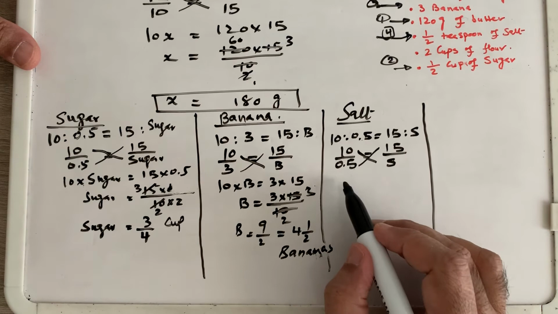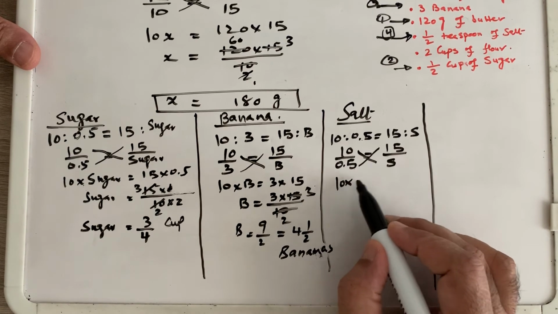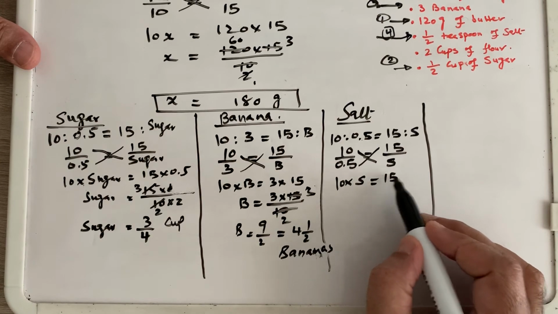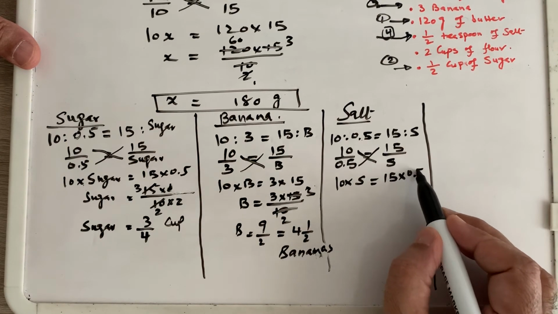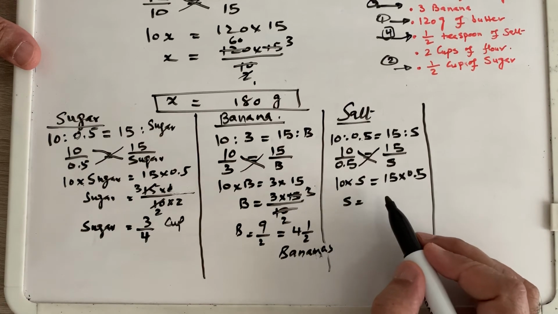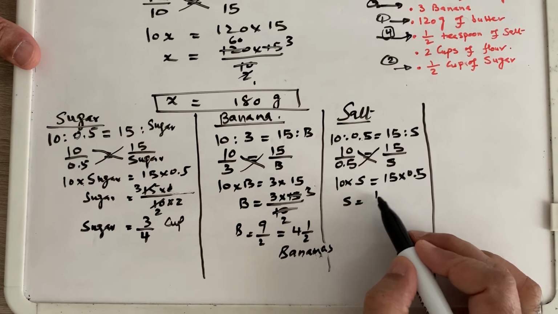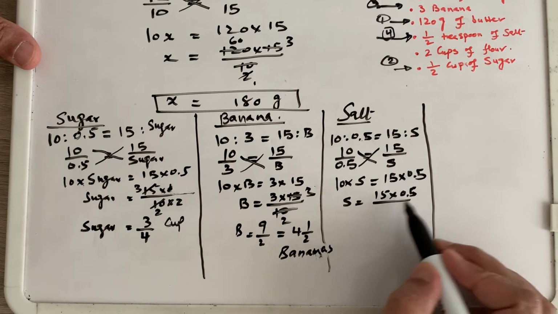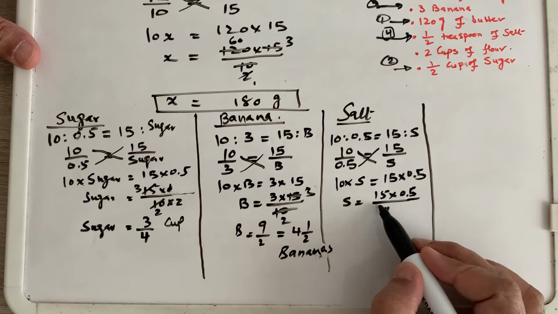What is the next step? Cross multiply. Why is cross multiplication necessary? To make this fraction into linear equation. So we make it in a linear equation, right? And then we calculate S is equals to, this 10 is being multiplied with salt or S. So we will transfer it to the other side of the equation. We will sit in the denominator, right? 10.